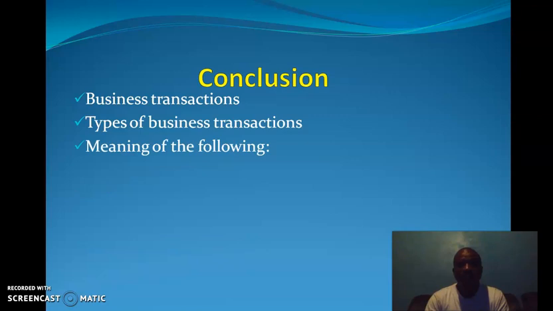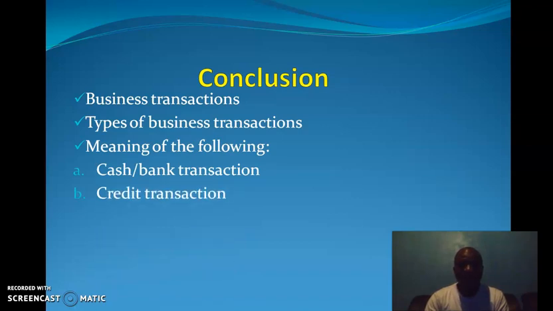Okay, so we're going to look at the meaning of the following types of business transactions. We've looked at cash or bank transaction, and we've looked at the meaning of credit transaction. We've also looked at the meaning of barter transaction.